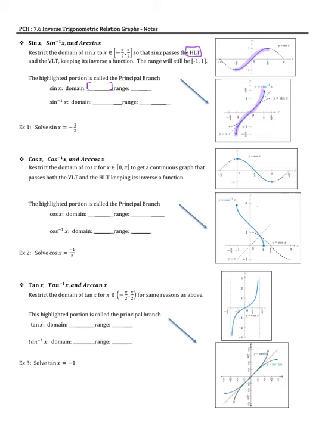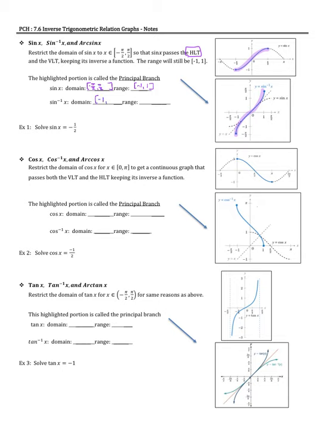normally it has all reals for its domain, but we're now going to limit it from negative pi over 2 to pi over 2 so that it passes the horizontal line test, and its range is going to go from negative 1 to 1. That's your sine graph. That means the inverse, these will switch.